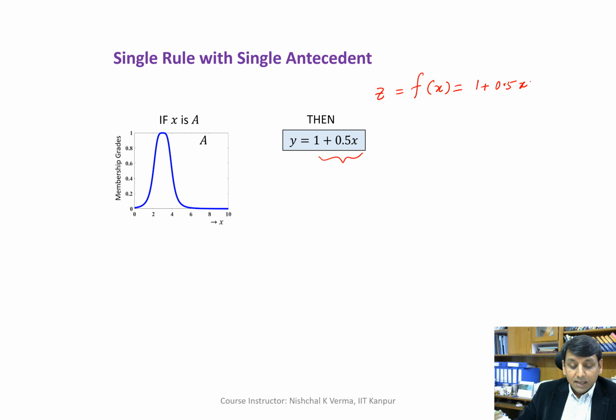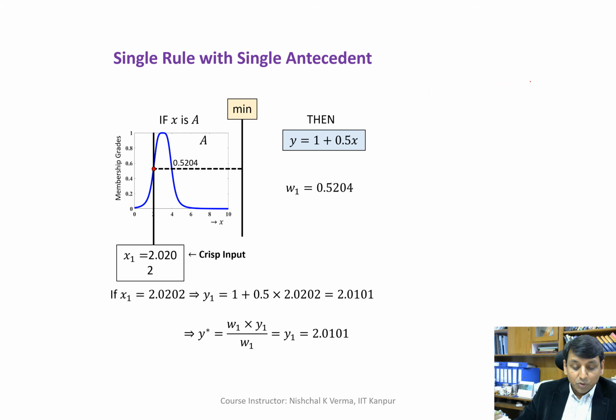If this is the case, then let us apply the crisp input x1 equal to 2.02020. This is the same input which we applied in the previous category, that was the zero order, and that was again for a single rule with single antecedent.